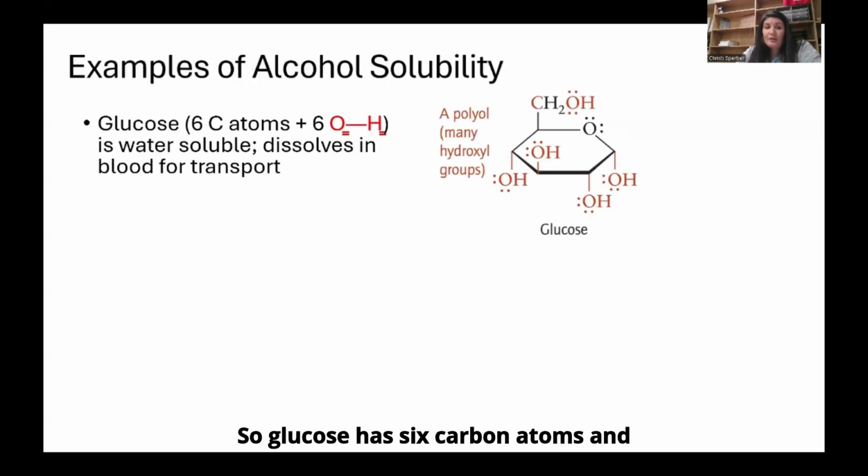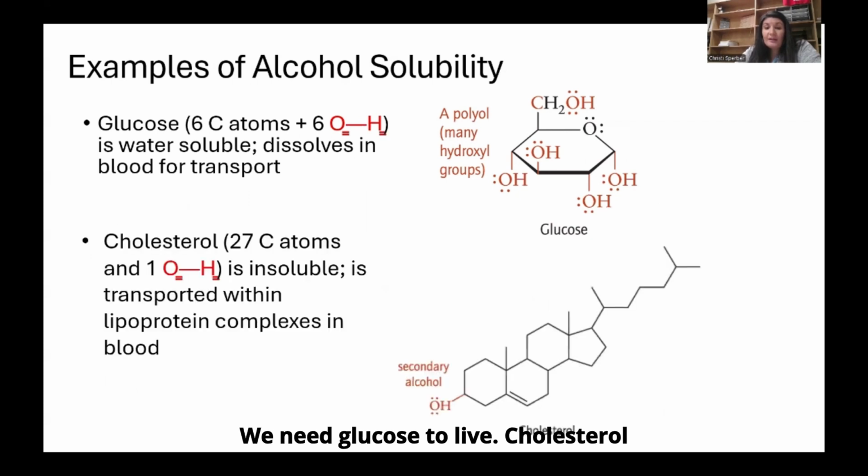Glucose has 6 carbon atoms and 6 hydroxyl groups. It's water soluble and dissolves in blood for transport. We need glucose to live. Cholesterol has 27 carbon atoms and only 1 hydroxyl group, and it's very insoluble. It's transported within lipoprotein complexes in the blood.